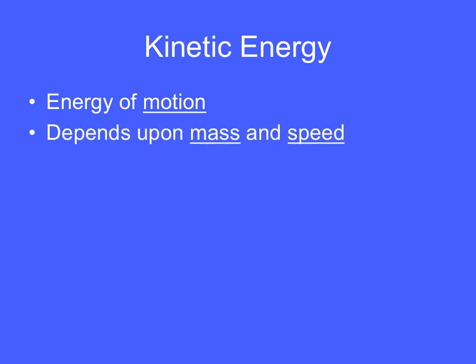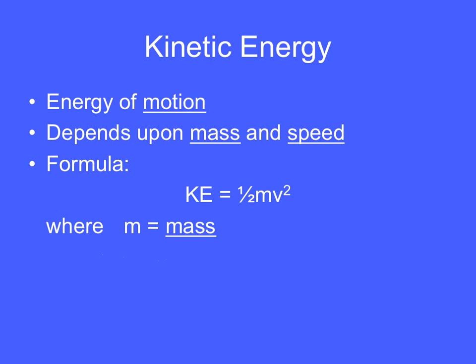Kinetic energy depends on two factors of the object, the mass and the speed. So we can calculate kinetic energy using a formula, KE equals 1/2 mv squared, where m is the mass and v is velocity, as we learned last unit, or the speed.